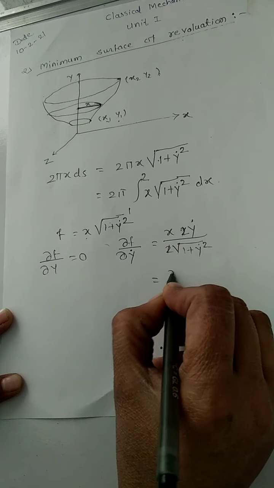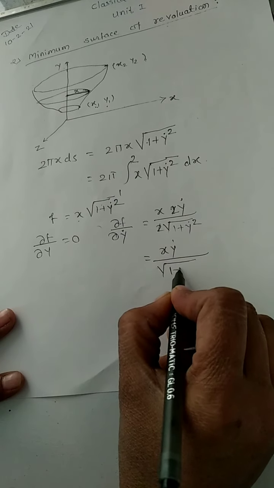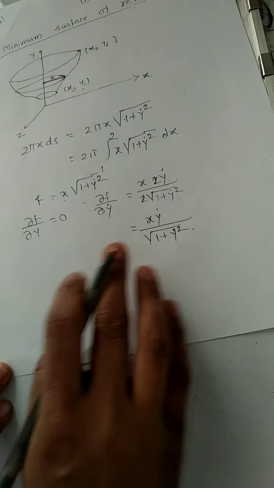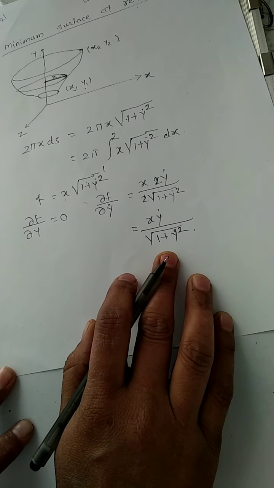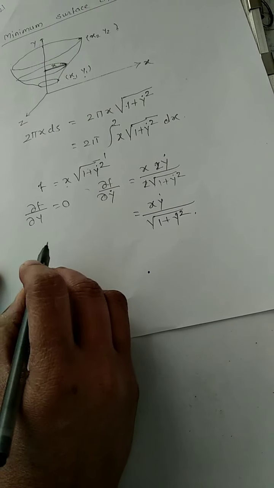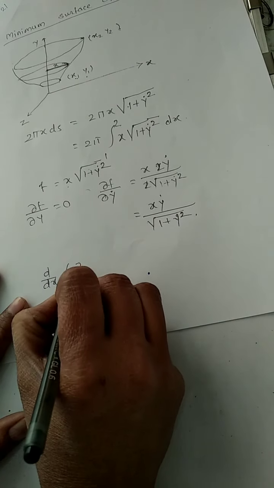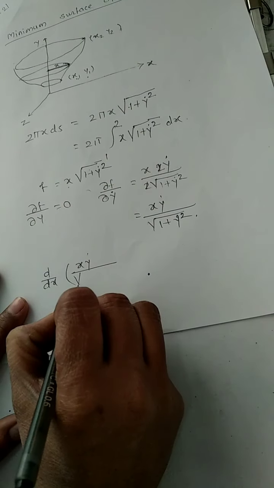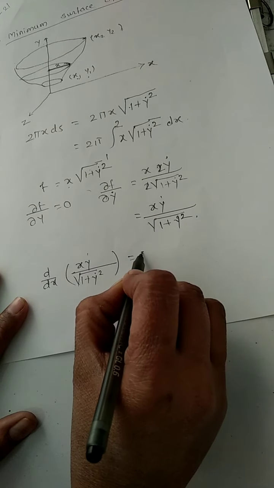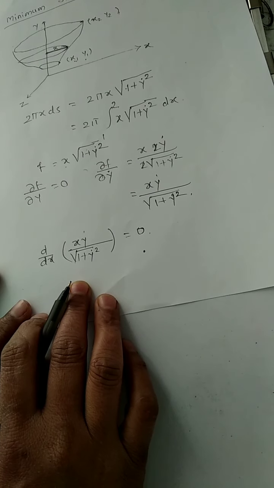That value is x y dot upon under root of 1 plus y dot square. In this equation, again the derivative with respect to x, d by dx of x y dot upon under root of 1 plus y dot square, is equal to 0.